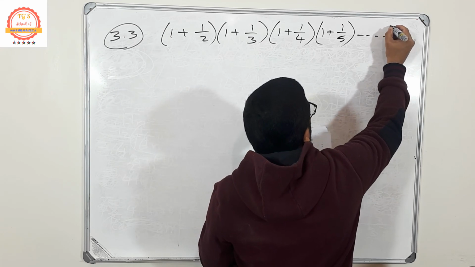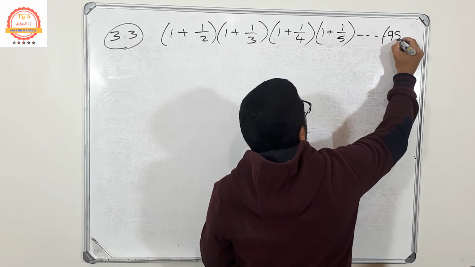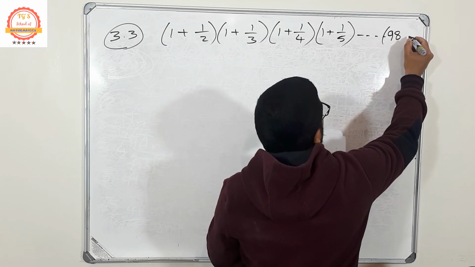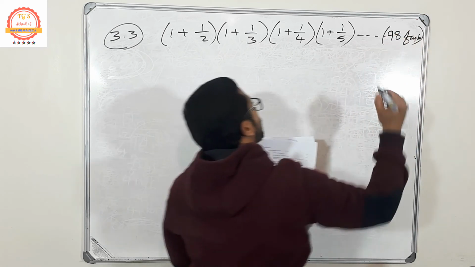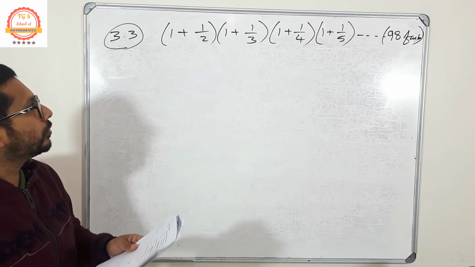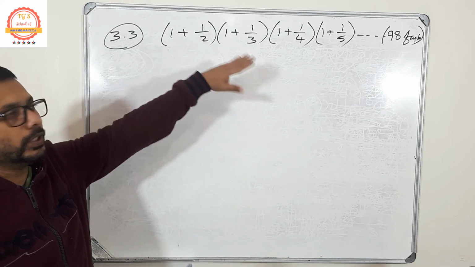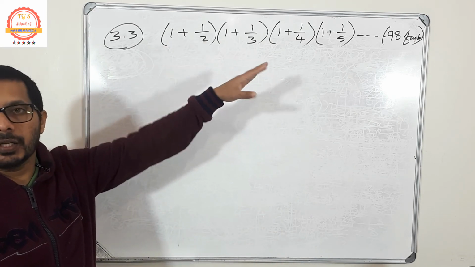Up to 98 factors or 98 terms. So you have to find the value of this one. There are 98 terms like this.